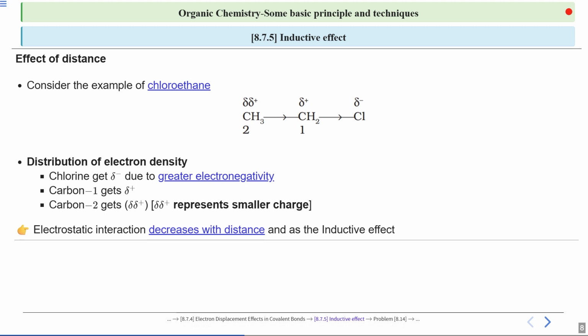And you know it very well that Coulombic force is inversely proportional to distance, meaning the pull is inversely proportional to distance. Therefore, the electron movement from the second carbon is less as compared to the first carbon because the second carbon is away from the chlorine. As a result, the inductive effect is less on the second carbon. So we say that inductive effect diminishes with distance.